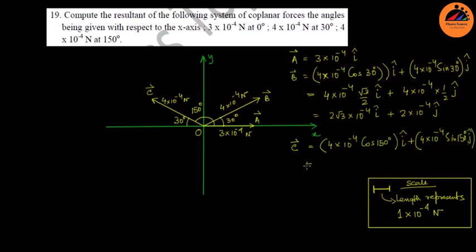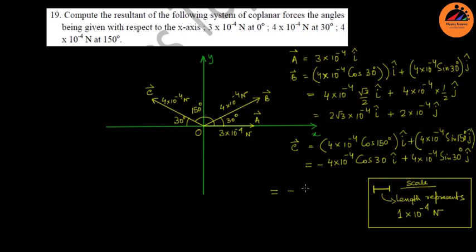Okay, so cos 150 is minus cos 30, so that is minus 4 into 10 to the power of minus 4 cos 30 I cap plus sine 150 degrees is plus sine 30, in the second quadrant sine is positive. So 4 into 10 to the power of minus 4 sine 30 degrees j cap. So this is equal to cos 30 is again root 3 by 2, but it should be minus.